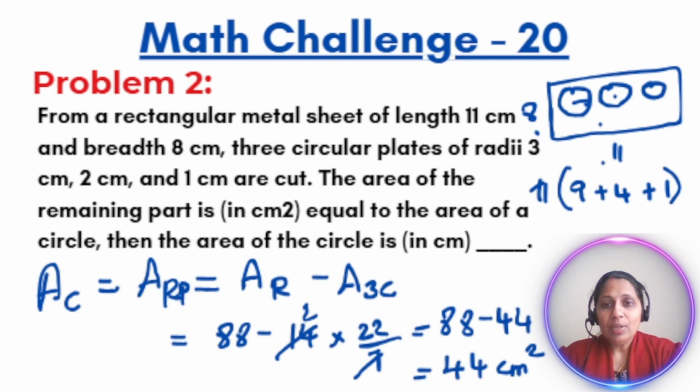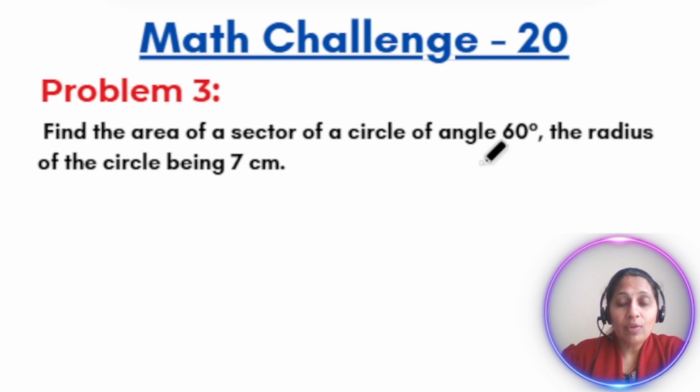Now coming to the third question: find the area of a sector of a circle of angle 60 degree and radius of the circle being 7 centimeter. We have already discussed the area of the sector. Hope you remember it. If not, I'll quickly share it with you.